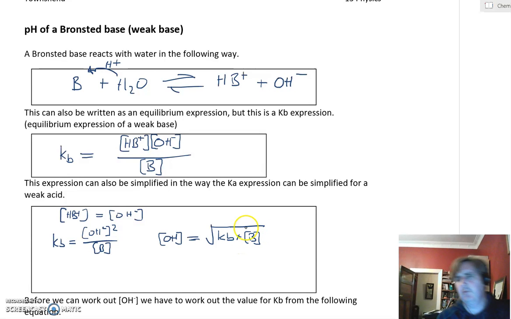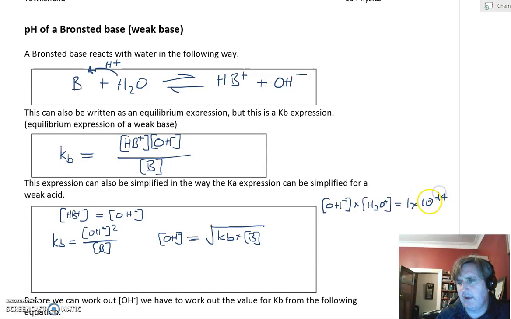Okay, so one thing to notice here is that this hydroxide ion concentration has a relationship with the H3O plus, or hydronium ion, concentration. The OH minus concentration times the H3O plus concentration equals 1 times 10 to the negative 14.